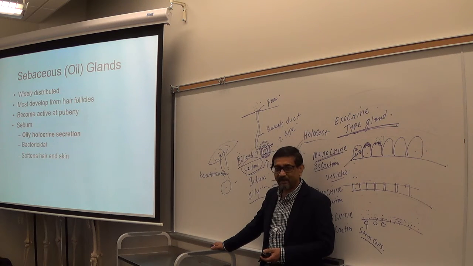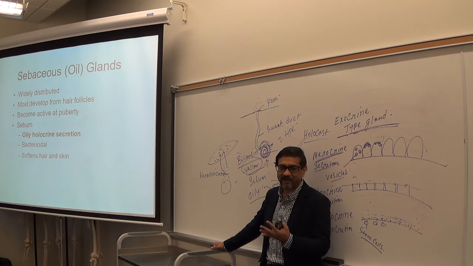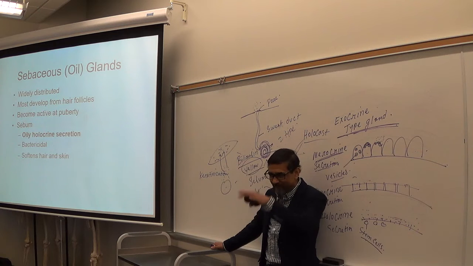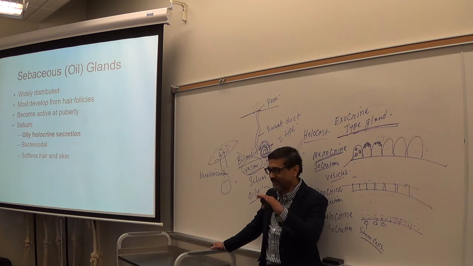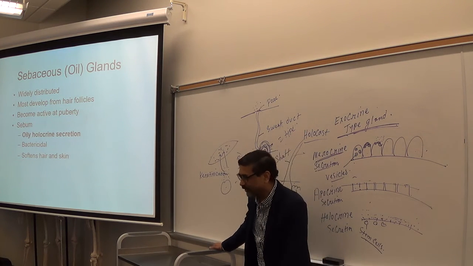So dermis has how many? 2, very good. Most of the skin structures are present in dermis or epidermis? The dermis. So you have learned about the layers of the epidermis, the layers of the dermis, the structures, the cells.